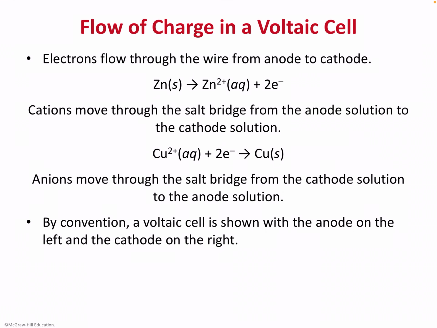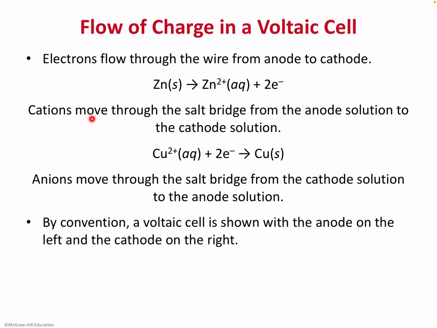Flow of charge in a voltaic cell. Electrons flow through the wire from anode to the cathode. Anode is where the oxidation takes place. Zinc becoming zinc 2 plus and 2 electrons.